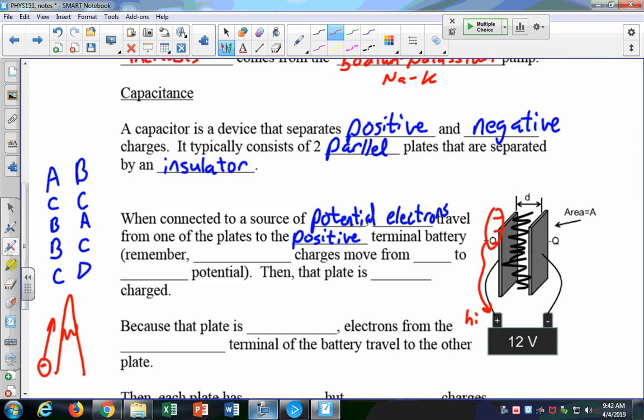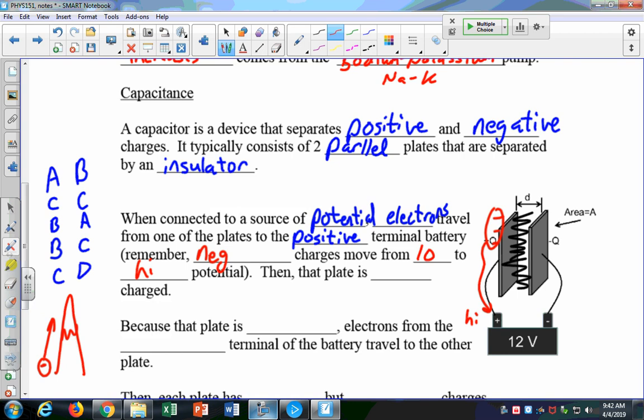Remember that negative charges move from low to high potential. And when those electrons move away, we're going to leave this side over here with what kind of charge? A positive charge.